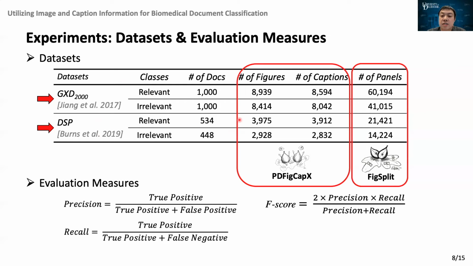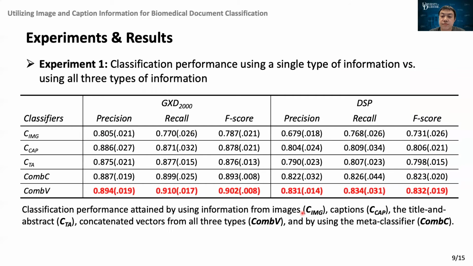To evaluate the document classification performance, we use standard measures, precision, recall, and F-score. In our first experiment, we compare the classification performance obtained when using only a single type of information versus the performance when using all 3 types of information.